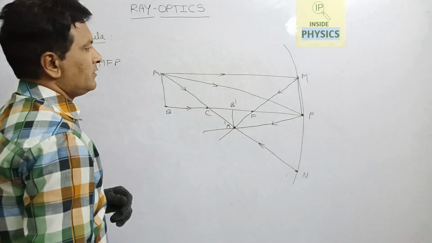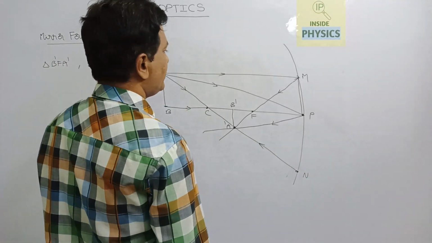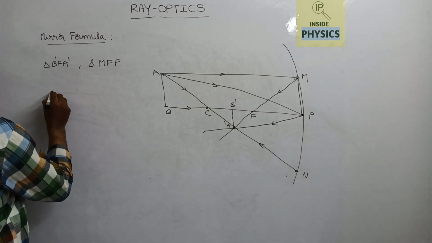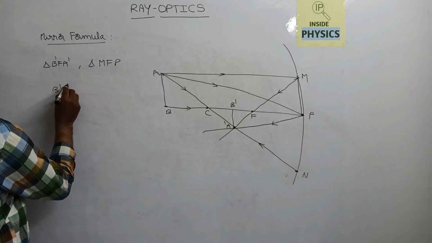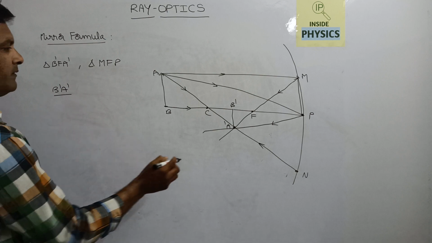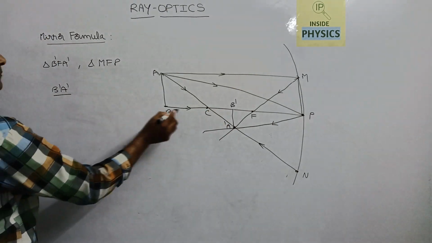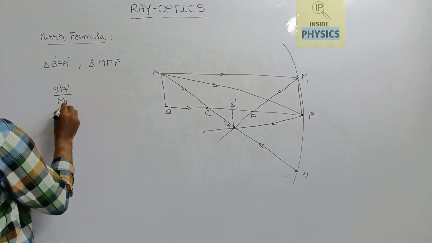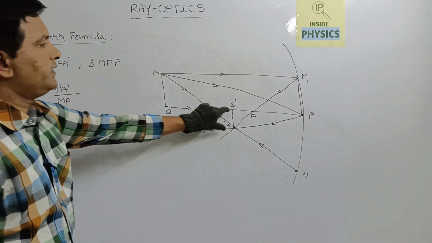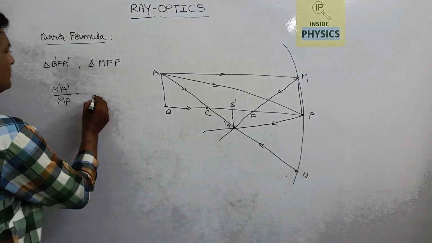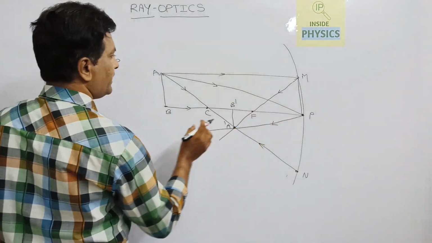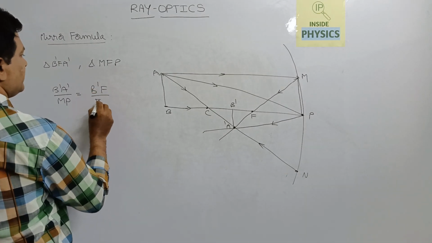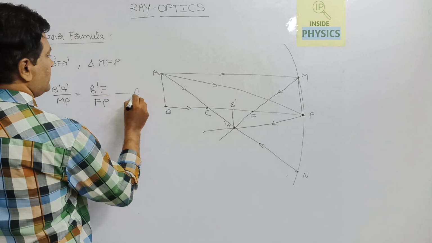Here, we can write B dash A dash by MP is equal to B dash F by FP. This is equation 1.